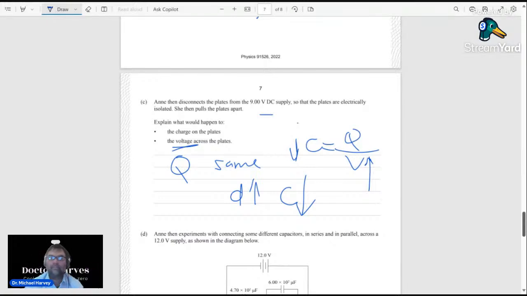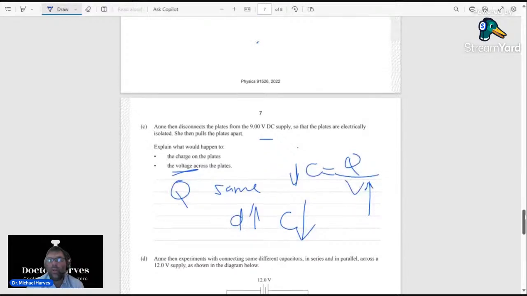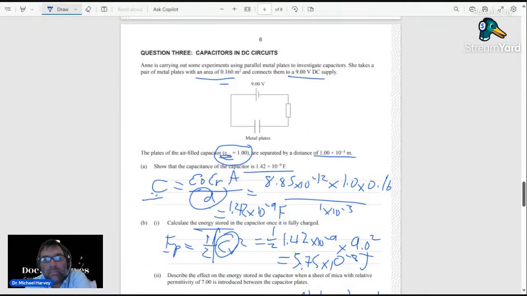Then, what happens to the voltage across the plates? We've already mentioned that the distance between the plates increases. So if you look at the equation here, the capacitance equals epsilon naught times the relative permittivity, multiplied by the area divided by the distance.